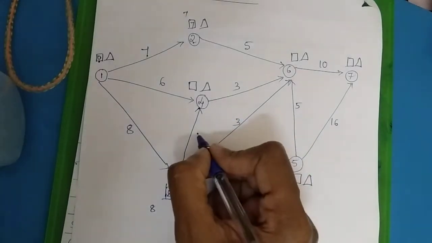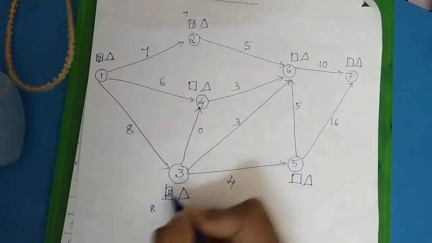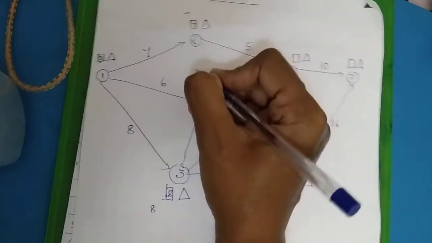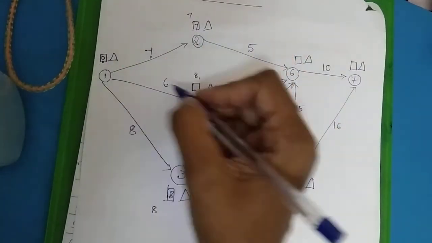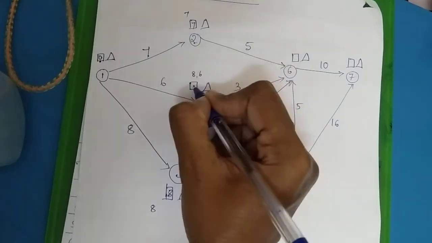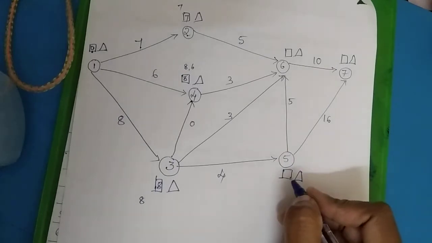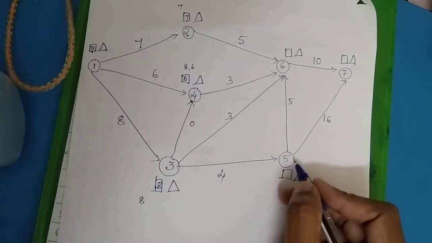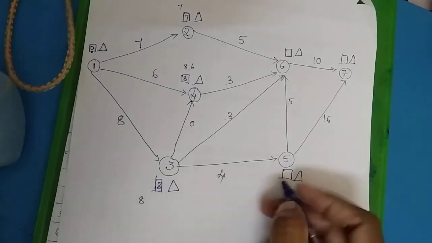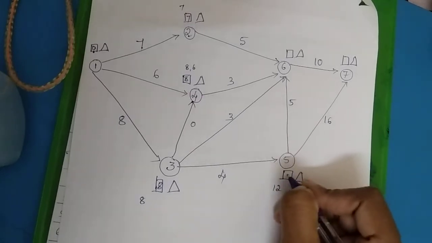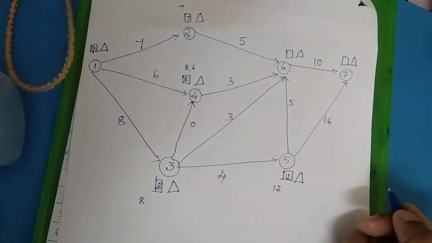So I have to add 8 plus 0, which adds up to 8, and 0 plus 6. If I compare these two, the largest value is 8, so I'm making a note of this. So coming down to this particular node, 8 plus 4 is 12. Only one arrow is directed towards this, so I'm writing 12 here.